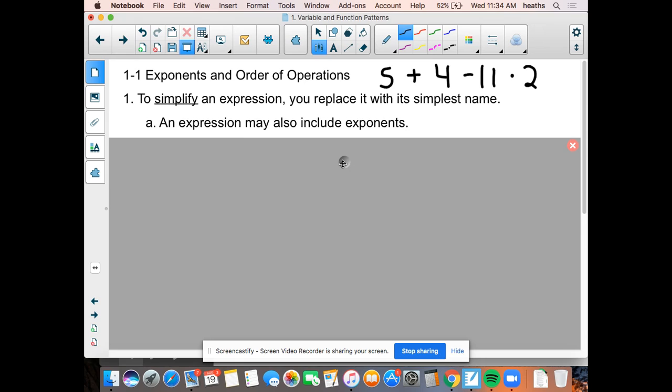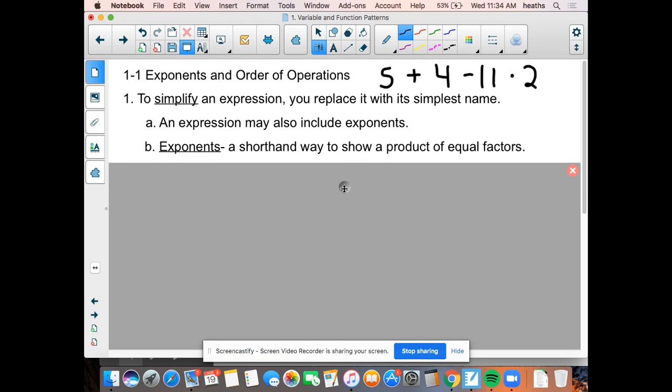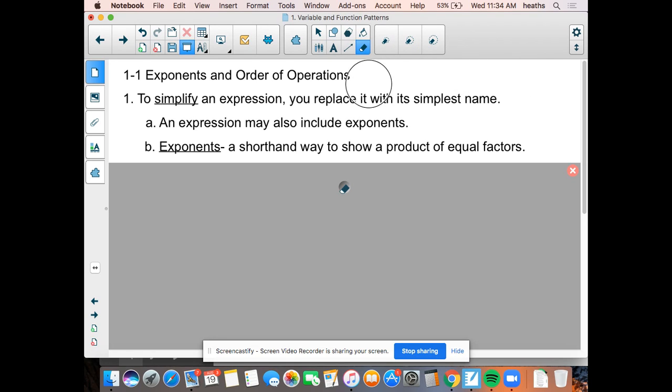An expression may also include exponents. An exponent is a shorthand way to show a product of equal factors. So this, for example, is an exponent: 3 to the second power.